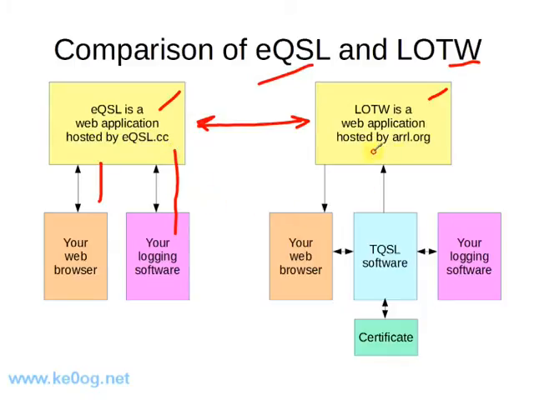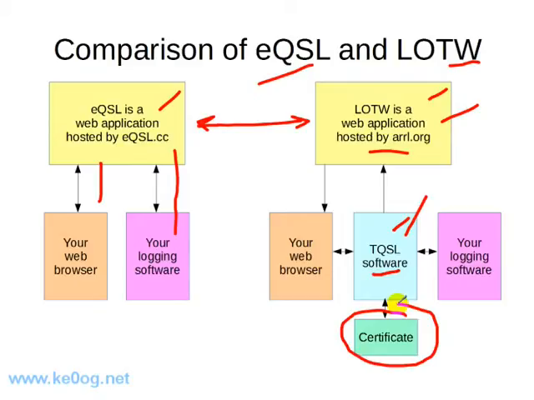Now, Logbook of the World is more formal. The piece of software that you must have locally is called TQSL for Trusted QSL. This is on the PC, this is on the web. Now, you will have associated with your TQSL software a digital file that's called a certificate. This is not like a certificate you put up on the wall.